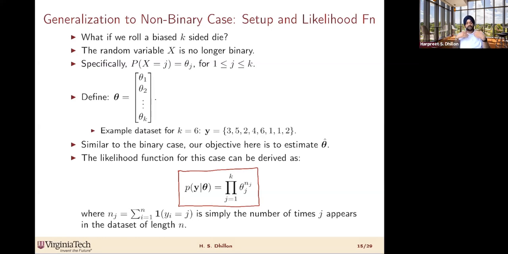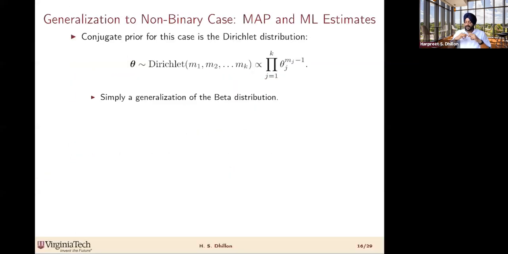Now, if you want to do MAP estimation in this case, you again need to choose a prior. Here, the prior that is often chosen is the Dirichlet distribution, which is the generalization of the beta distribution. You can even see that from the form here. You have theta j raised to the power mj minus 1.